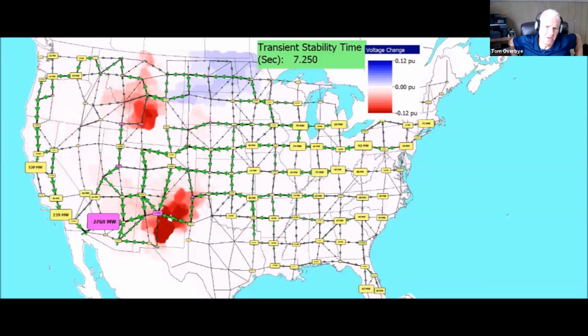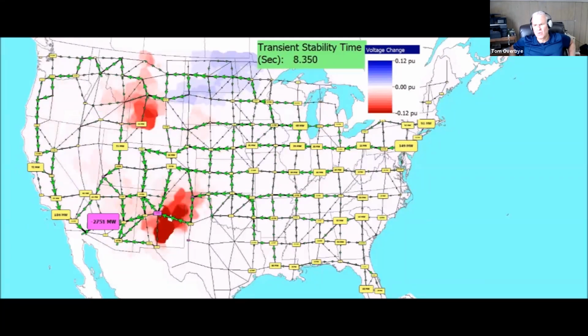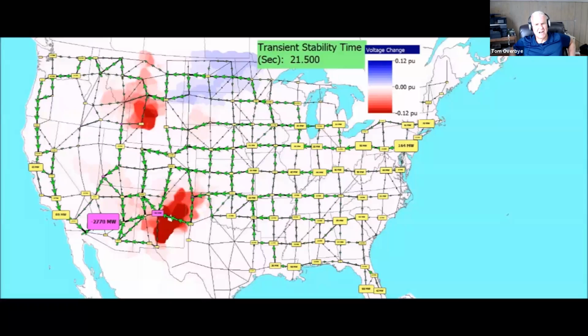Actually, during a stability run, you can change how often you want to store the images. So I set it up so that I store the images 20 times a second for the first 10 seconds, and then 10 times a second for the next 20 seconds. So it's pretty easy to set up these movies and to visualize results on even very large cases.